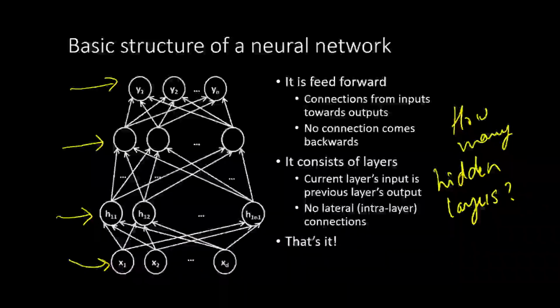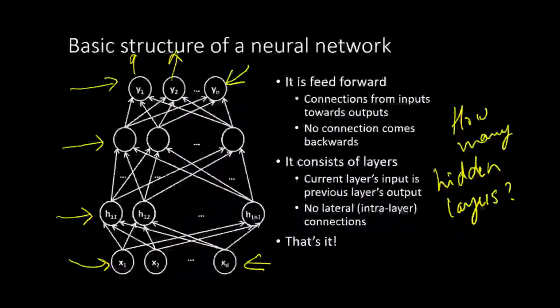And then what is the dimension of the input layer? How many neurons in the input layer? That is easy. The dimension will be the same as the dimension of the input. What is the dimension of the output layer? That is also easy. It is the same as the number of outputs. So if you have 3 classes, then you will have 3 outputs.